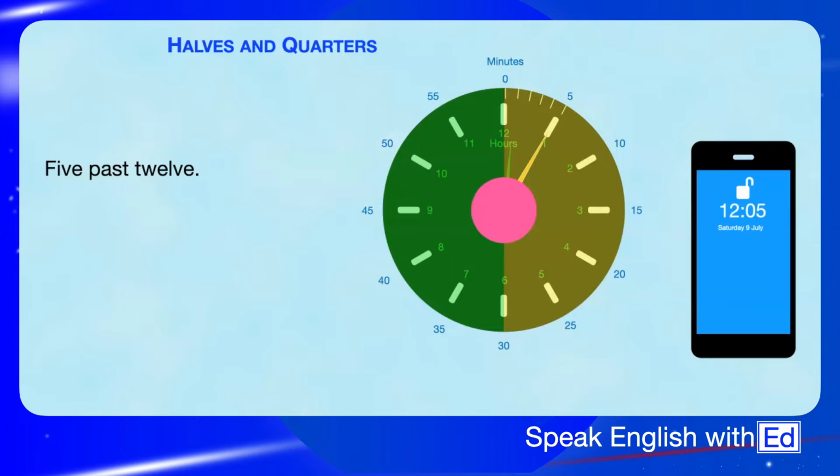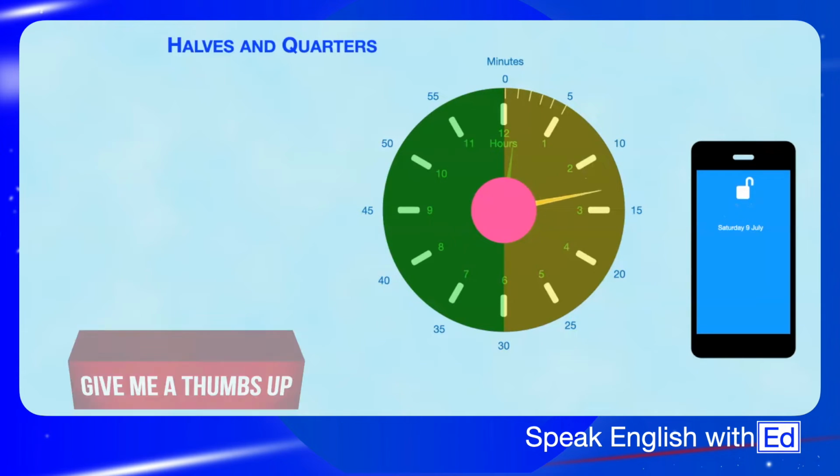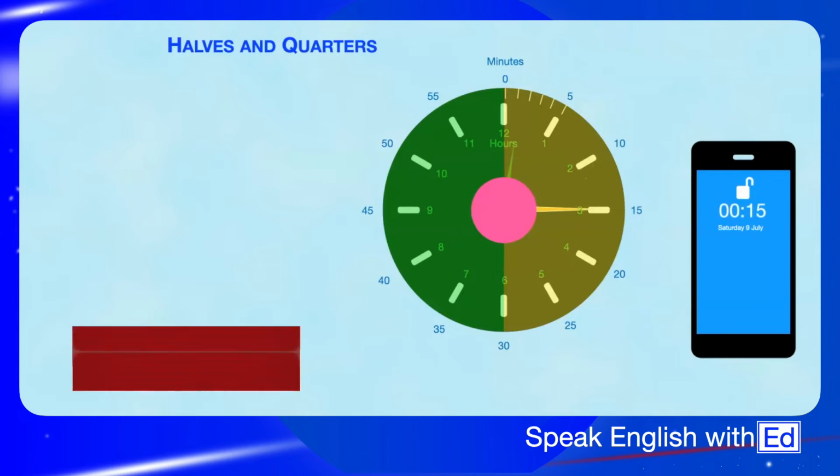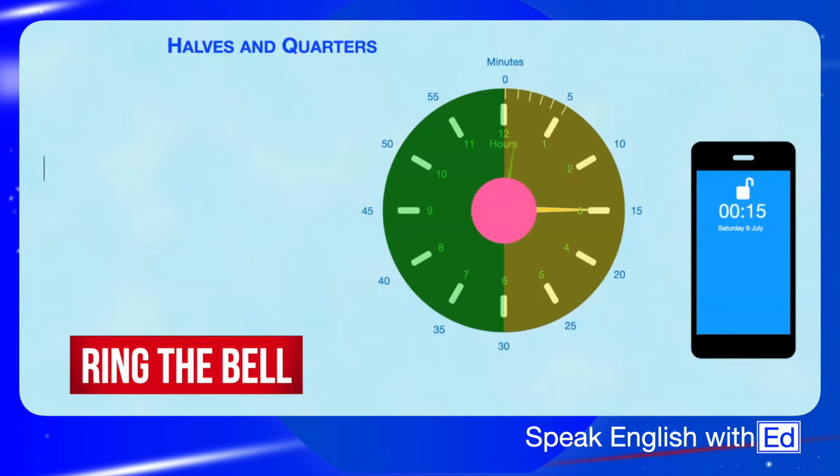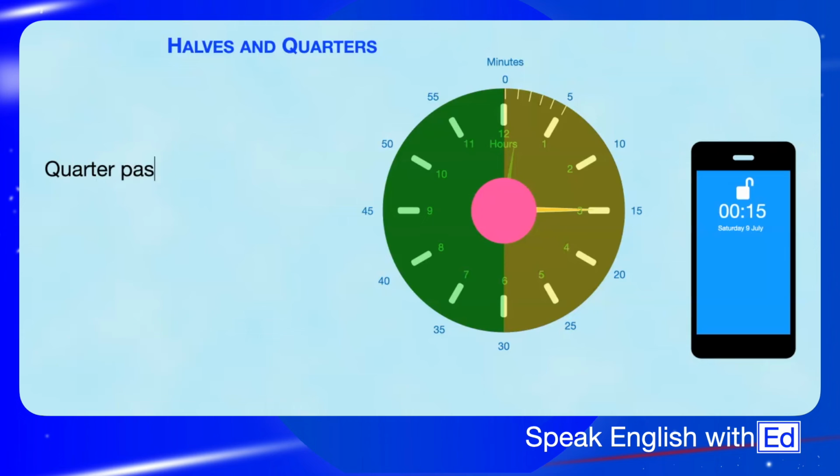And for 10, it's 10 past 12, because it's gone 10 minutes past 12 o'clock. But what do we do when it gets to 15 minutes past 12? We say it's a quarter, because it's gone a quarter of the way round the clock. But we're going to talk about that in a little bit. We've not covered quarters yet, so we will.